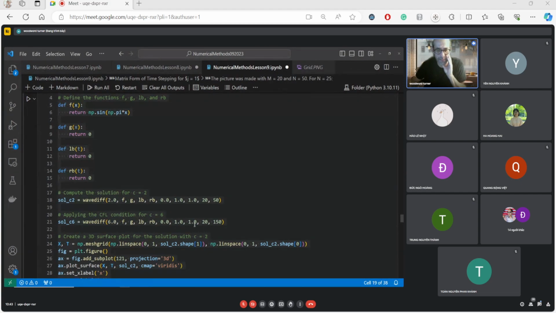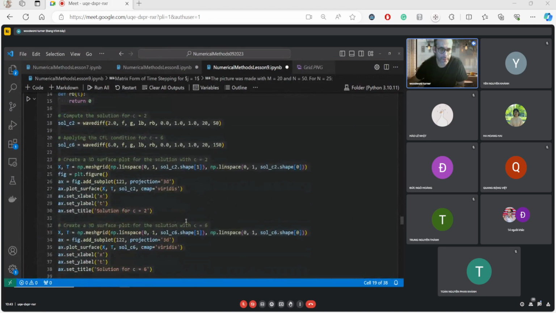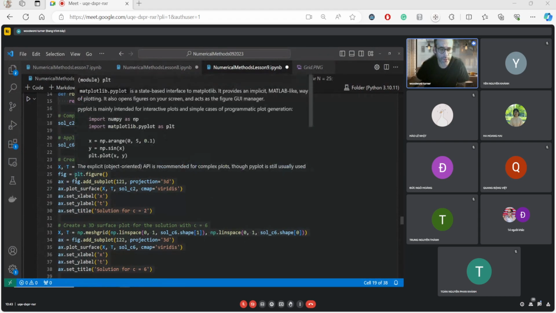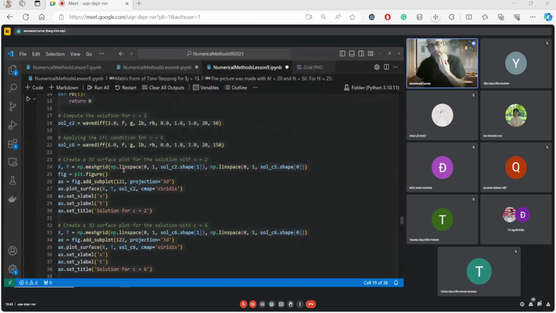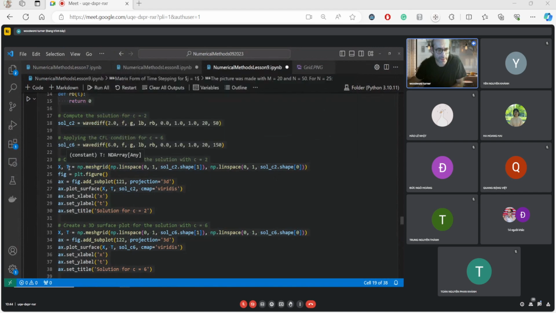So k is the mesh for the time dimension, h is the mesh for the space dimension. In this case of this PDE that we set up here, we have c equal to 2, and we're given that m is 20. So h in our situation is (b − a)/m, which is (1 − 0)/20, which is 1/20.